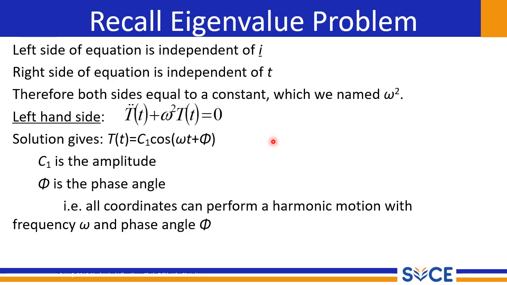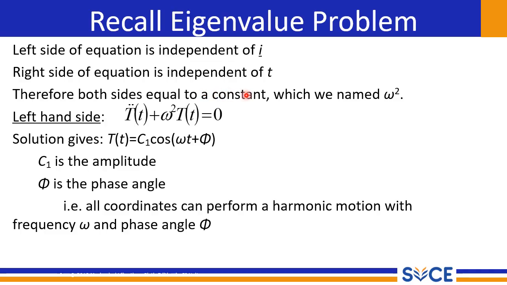In the previous slide, we arrived at a crucial point where we recognized that T double dot of t must be equal to a negative constant, which we denote as omega square. This is because the left hand side of the equation involves only the function of time, it is independent of the index i, while the right hand side involves the system properties, the constant vector X, which is independent of the time t.